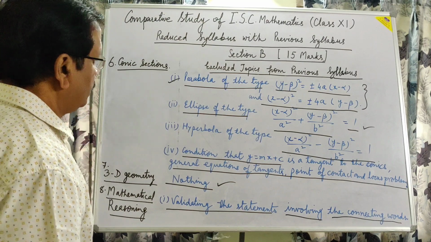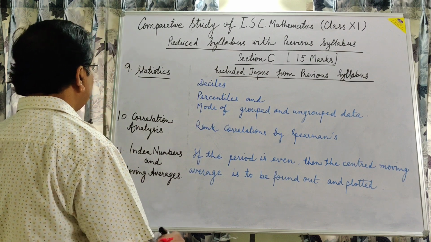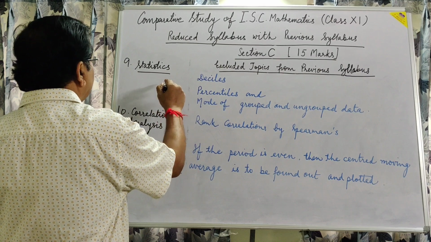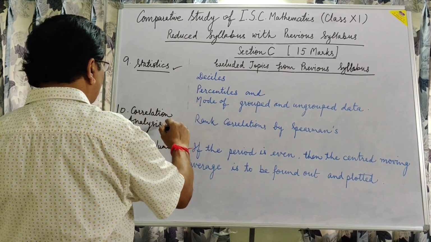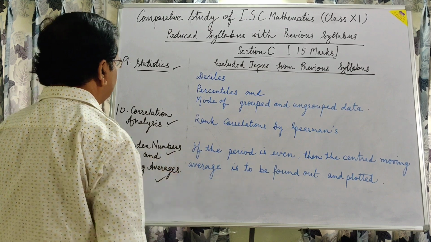Now section C. In section C, we are studying 4 chapters, that is statistics, correlation analysis, index number, and moving averages.